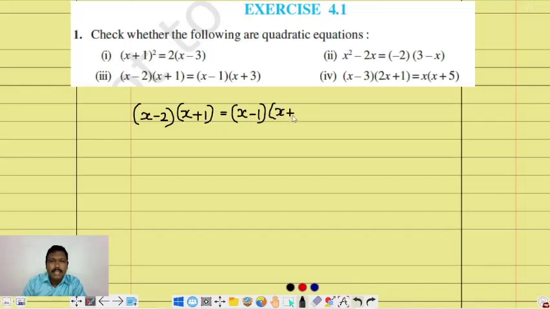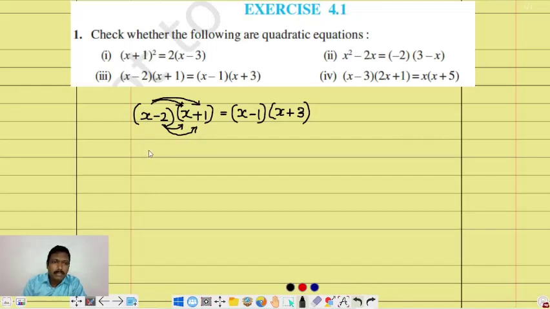Both sides we have binomials, so binomial by binomial multiplication. We can open one by one: first into first, first into second, second into first, second into second. So we can open this bracket.